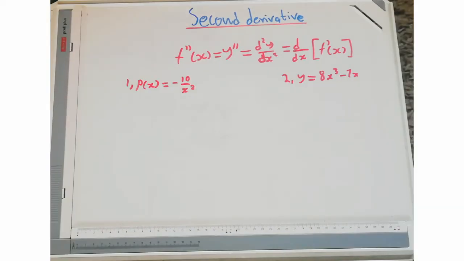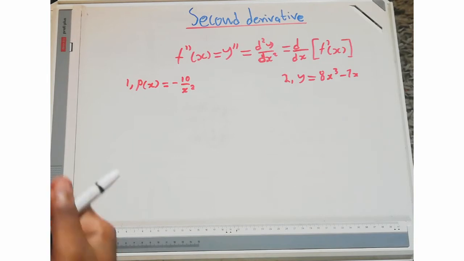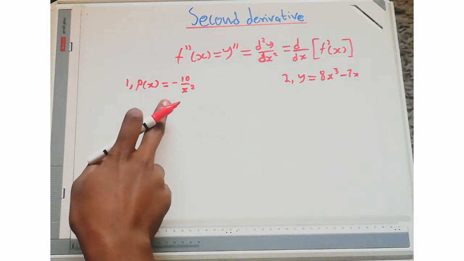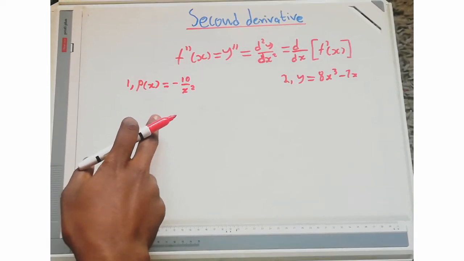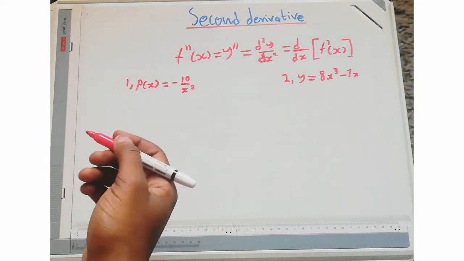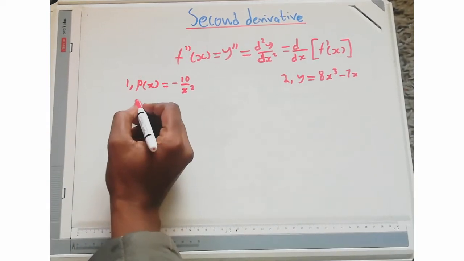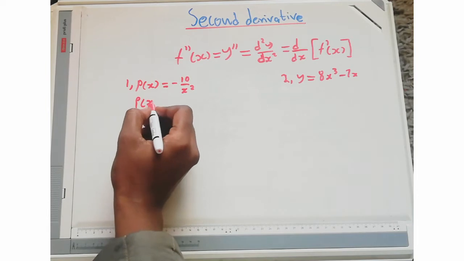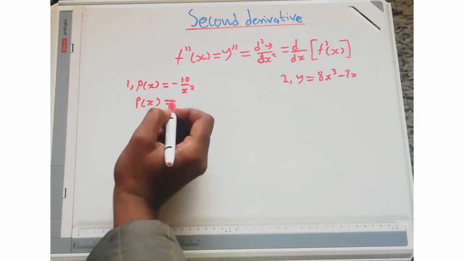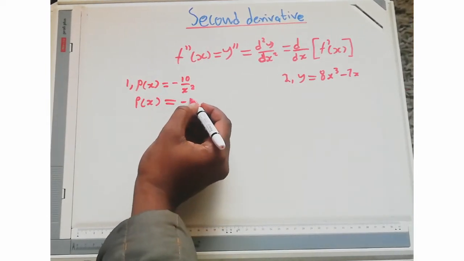Now here are a few questions. Let's do them. The first one says p of x is equal to minus 10 over x squared. So we have to find the second derivative. So I would say, firstly, write it this way so that you can see it.